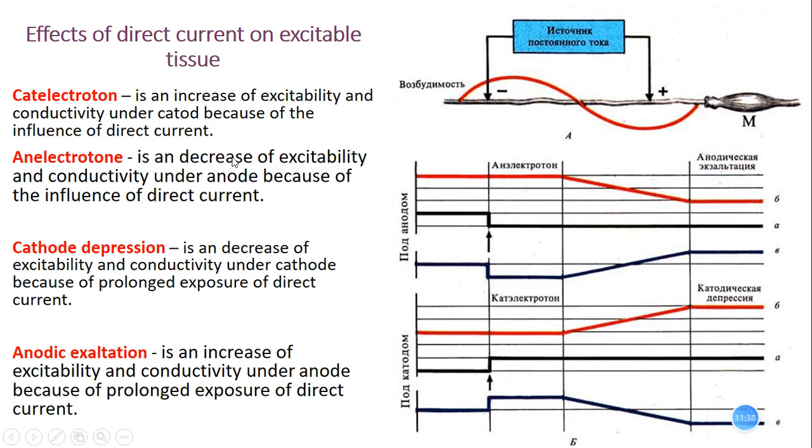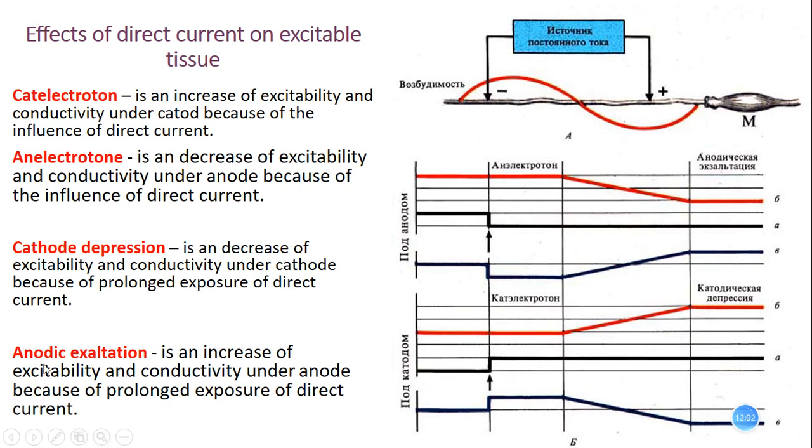It means a decrease of excitability and conductivity under the anode end because of the influence of direct current. And again, we have cathode depression. It is a decrease of excitability and conductivity under the cathode end because of prolonged exposure to the direct current.